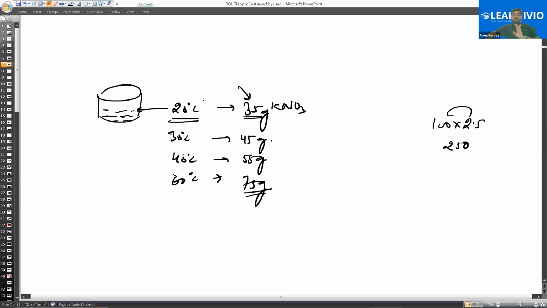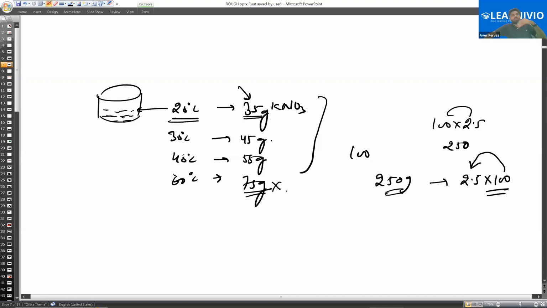But it is for 100 gram. You don't have 100 gram solvent, you have 250, which is 2.5 times of 100. So you can subsequently add 2.5 times of this too. For 100 gram, you can add 75 gram.